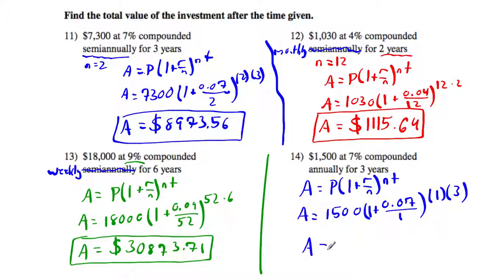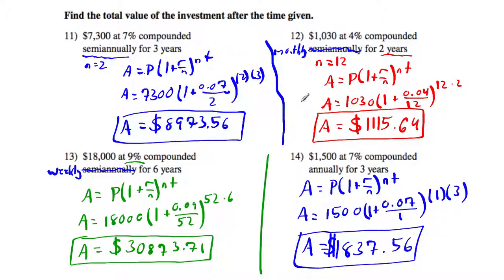So we're going to have the account balance is going to be 1,500 times 1 plus 0.07 divided by 1, which is just 0.07, to the third. And so here is 18.37. This is dollars. Okay, so file this formula, plug it in.